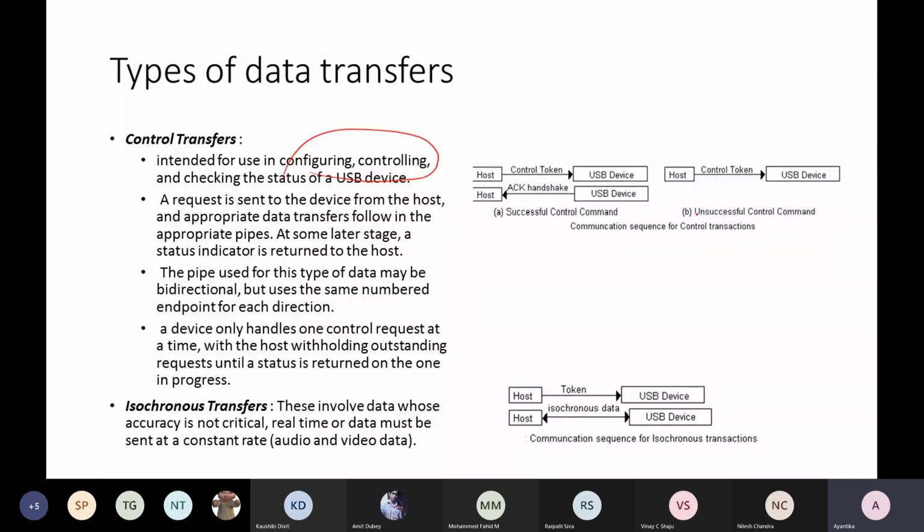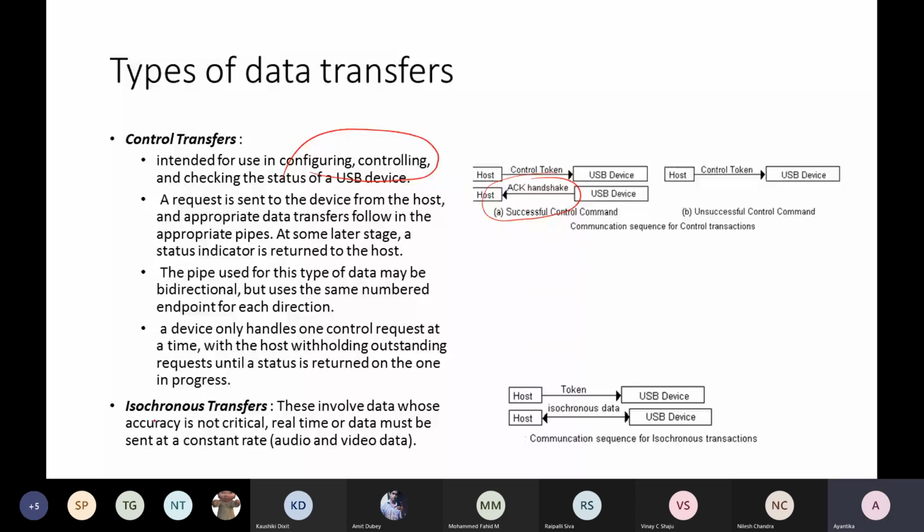If the control transfer is unsuccessful, then of course the host will not receive back any acknowledgement signal, and it may start a second attempt, a third attempt, in that way, to initiate the transfer again.